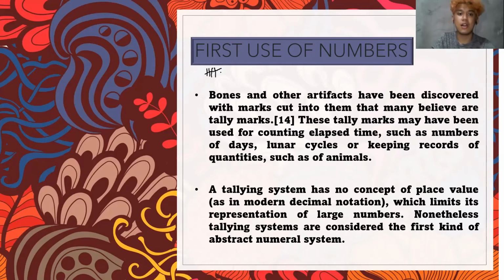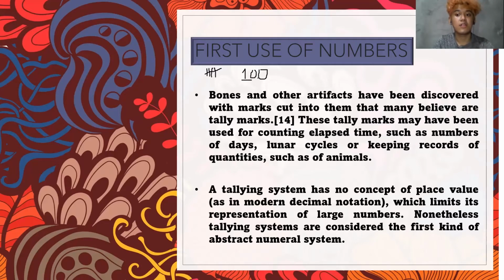So when we say 100, are we going to use tally marks to represent 100? No. Maybe our ancestors used tally marks, but in modern times, we use digits. Like let's say 100, we have 1, 0, 0. It is easy for us to use these digits.